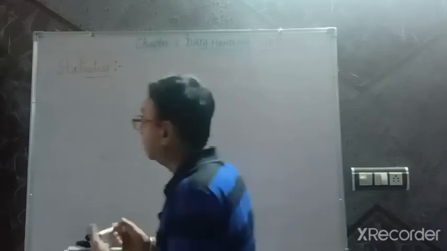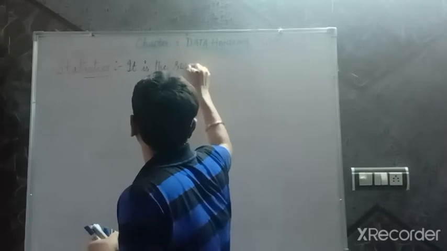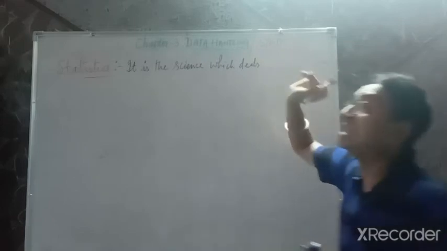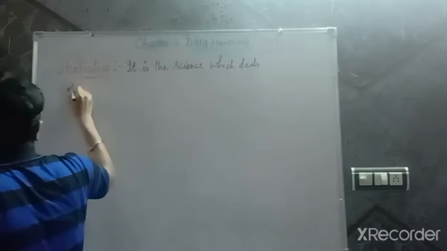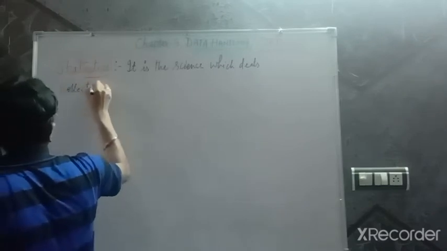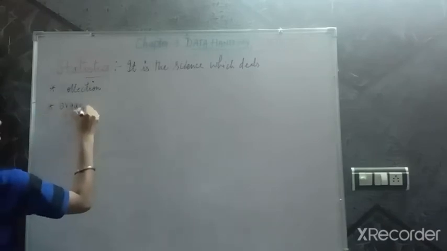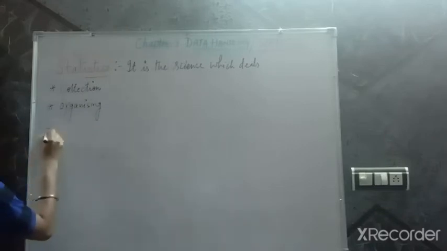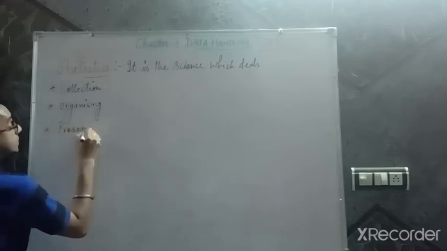So it is a science which deals with various aspects. What are those? First is the collection of the data. Second is organizing the data. Now you have collected your data, now you organize the data. Third, which is very important, you will present the data.